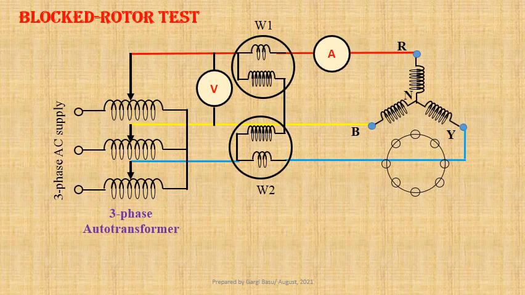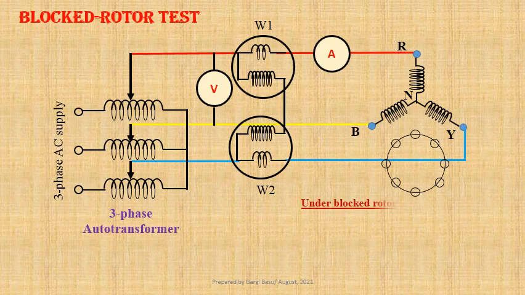Since slip S equals 1, with a much lower voltage than rated voltage, rated current flows through the stator winding. Due to smaller voltage, produced flux will be less. Therefore, core losses under blocked-rotor condition may be neglected.